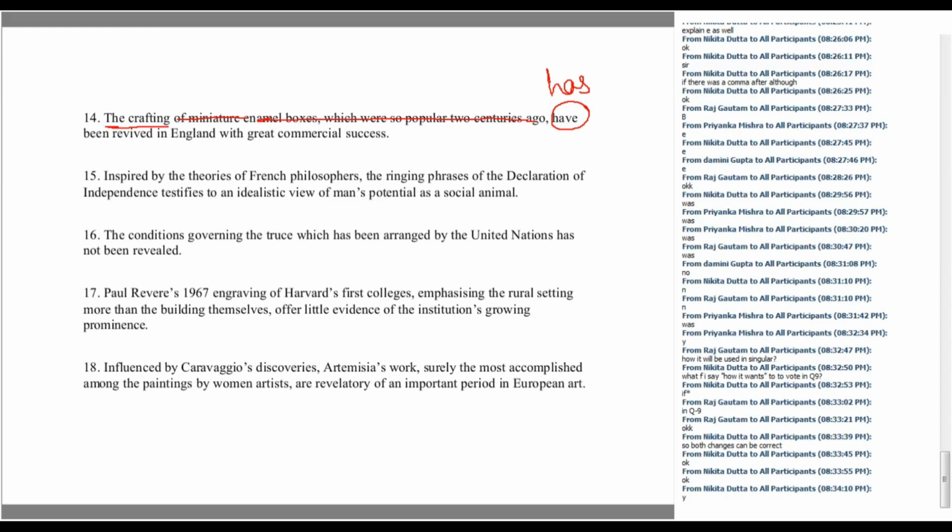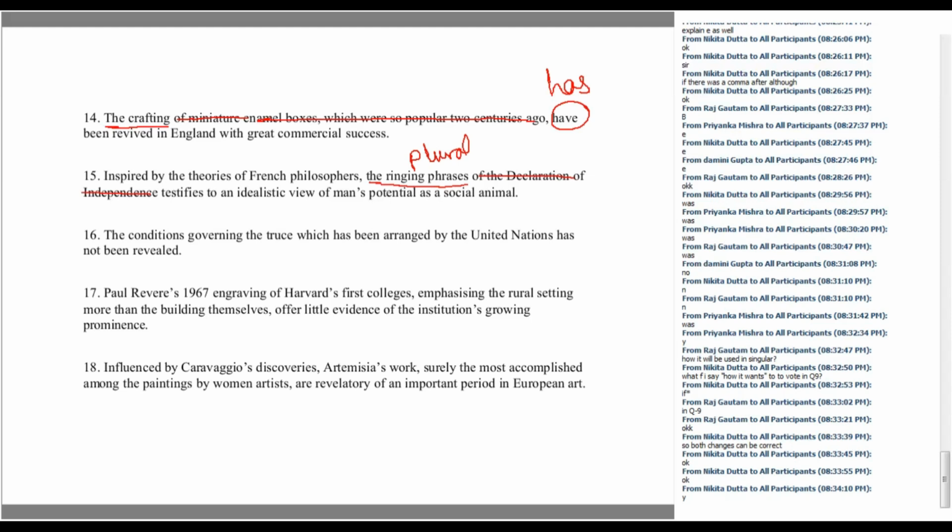Number 15. Inspired by the theories of French philosophers, the ringing phrases of the Declaration of Independence. Because it is phrases, it is plural. These phrases are of the Declaration of Independence, that is extra information. We're talking about plural things, phrases.